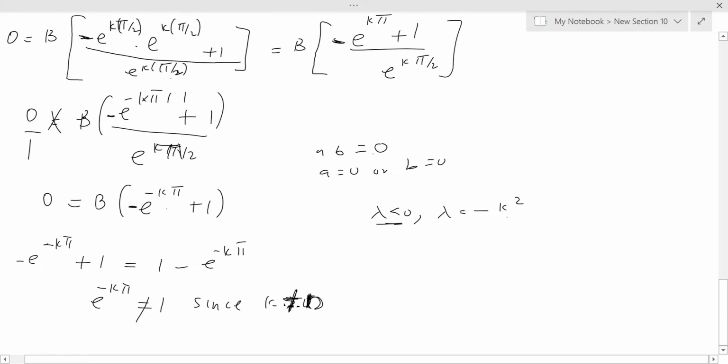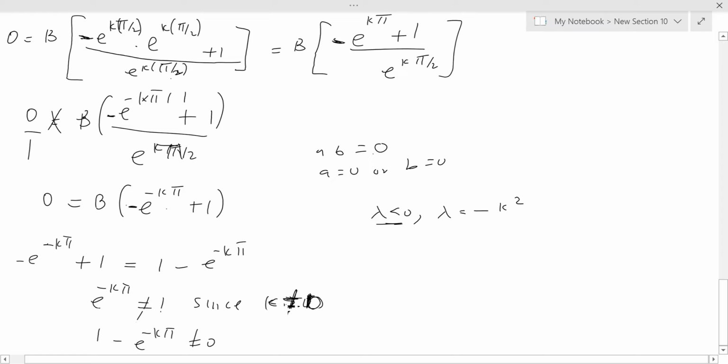And if k is 0, meaning we are having lambda equals 0, that is case 1. So for this case, our k is not 0. That is why I say, since k is not 0, this can be 1. And if this expression can be 1, then you can't get 0. So it means that 1 minus exponential minus k pi can give me 0.